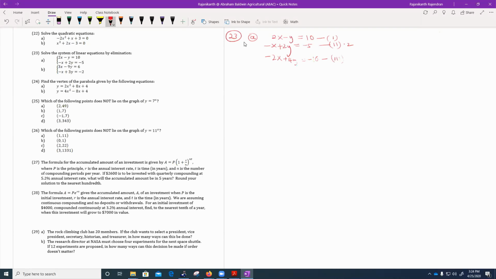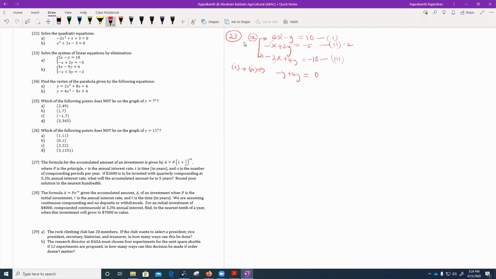So now I'm going to add these two equations, number 1 and 3. Simply add and put here. When you add these two, 2x plus negative 2x is gone, cancelled. So you will get simply negative y plus 4y. On that side, when you add these two numbers, negative 10 and 10, which is 0.